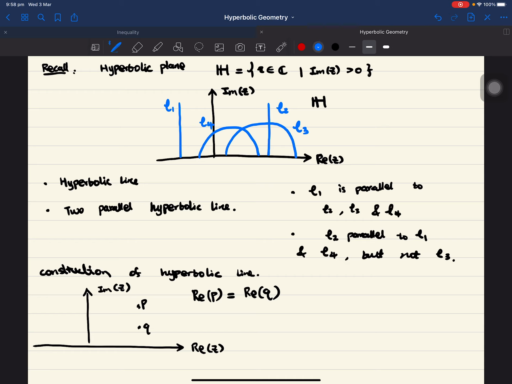All we need to do is construct the Euclidean line passing through P and Q and take the intersection between the Euclidean line and the hyperbolic plane.